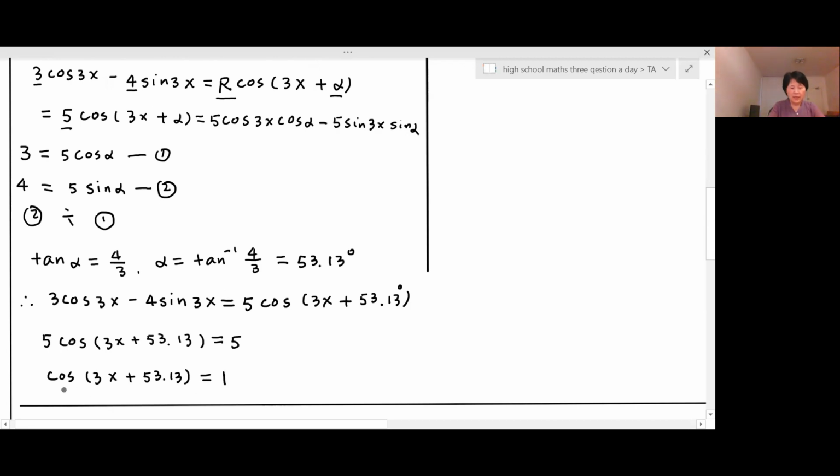Okay, I need to solve this one and then find the x. Before I do this, I just do the following.